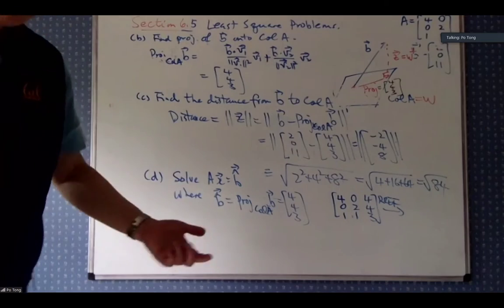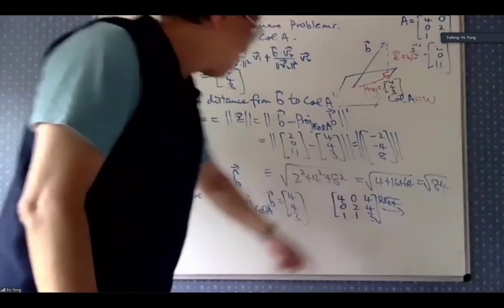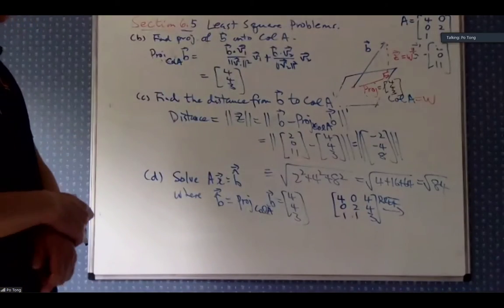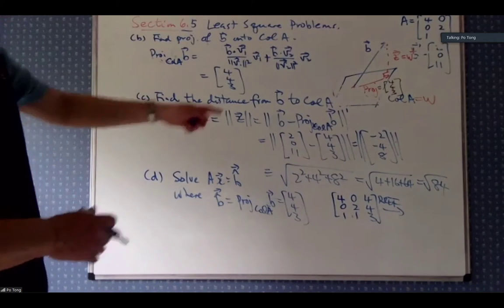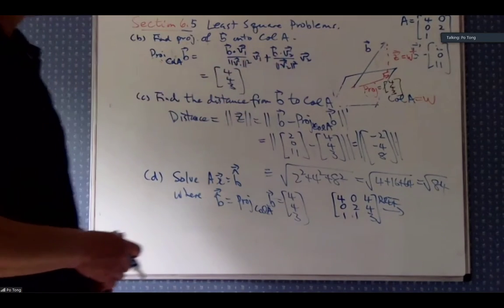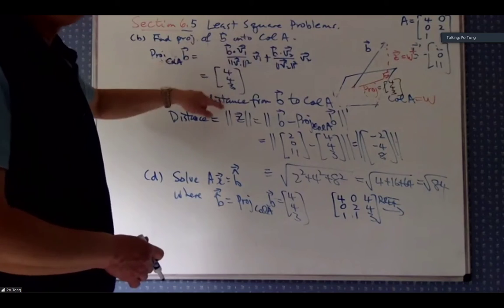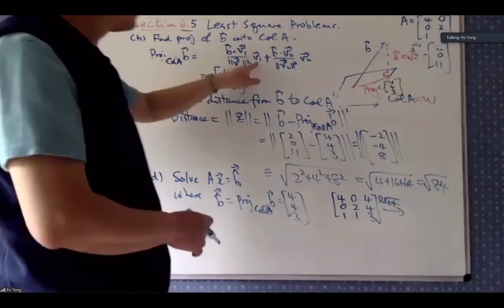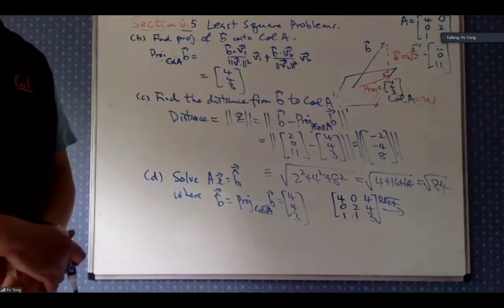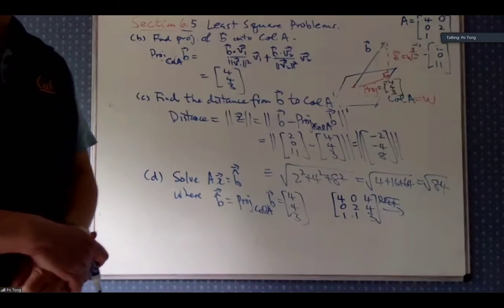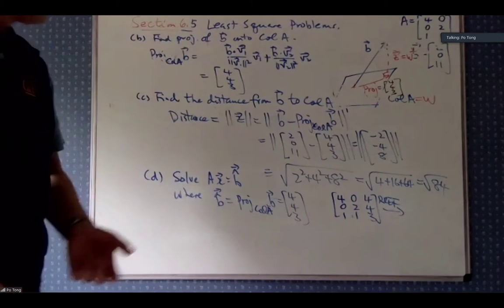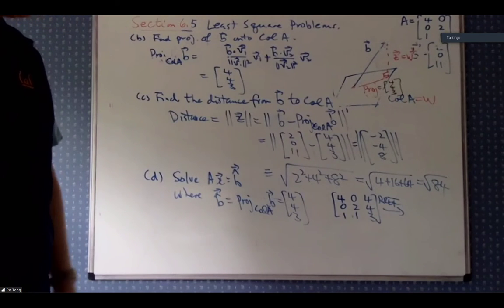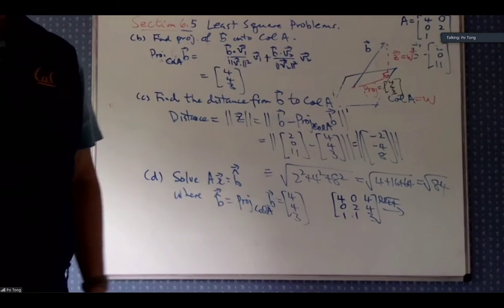We actually do, because this 4, 4, 3 is in the column space of A. It's a linear combination of V1 and V2. The span of V1 and V2 is the column space of A. So we expect this to be consistent.